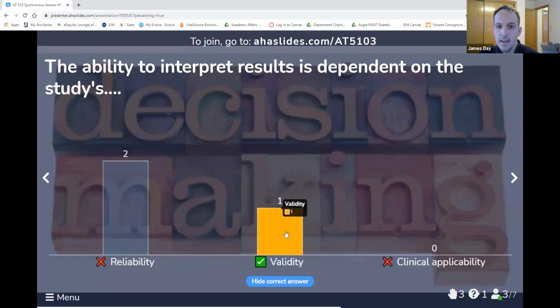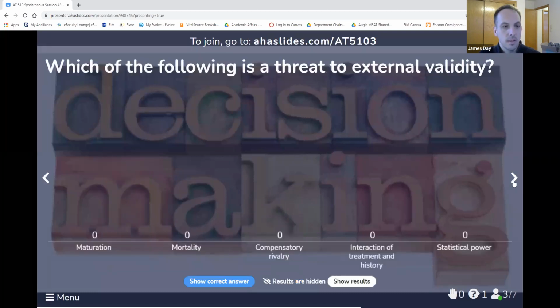Validity then is, can I trust it to do what it says it does, right? So can I interpret the results as in, can I take these results and interpret them into a different situation? And then clinically applicable is, can I use these results?